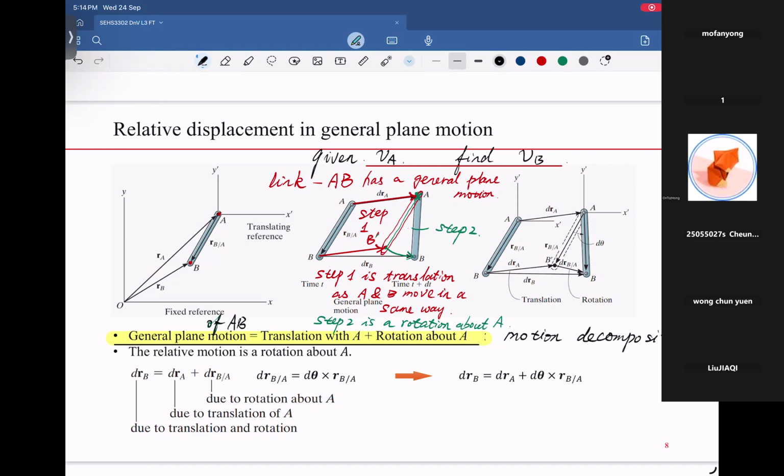Okay, good. It's very important. It means any general plane motion can be a combination of a translation and a rotation. If this makes sense, then the general plane motion is going to be very simple.